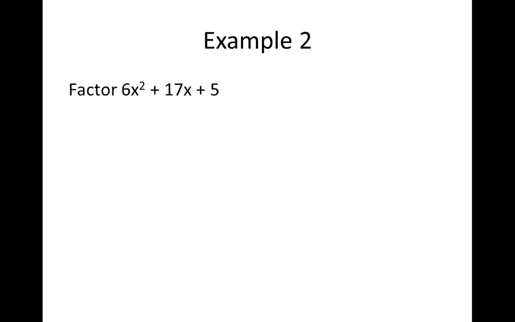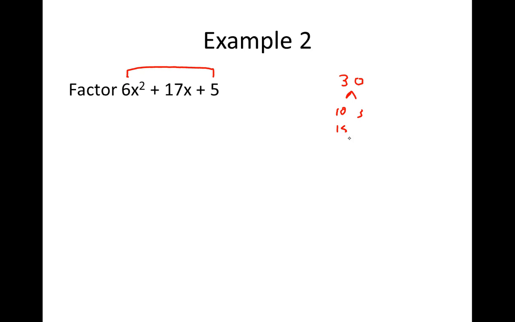Let's look at factoring by grouping. So factoring by grouping, what we do is we take this 6 times 5, the a times the c, and we say, okay, I need to find factors of 30 that sum to that middle term. So factors of 30, let's see, 10 and 3, that's not going to work. 5 and 6 is not going to work.